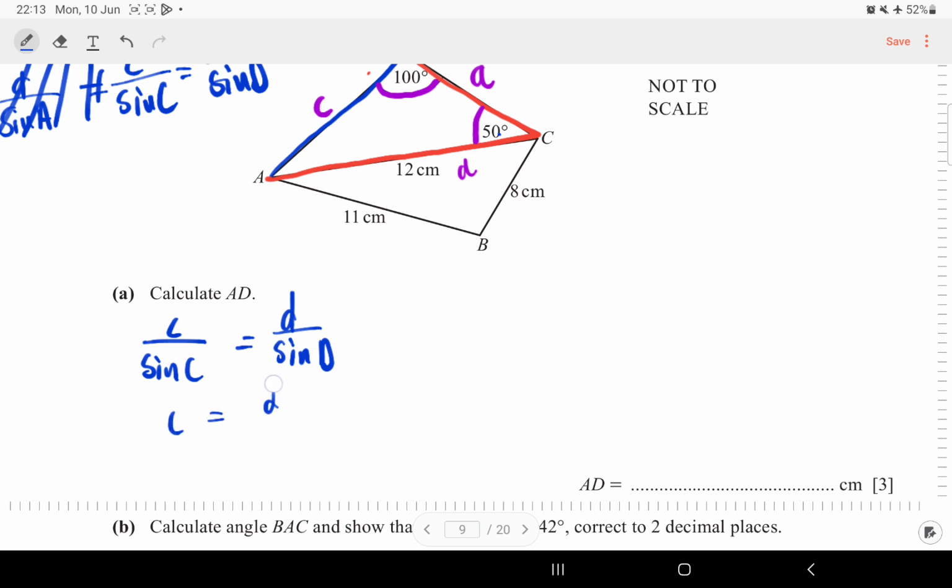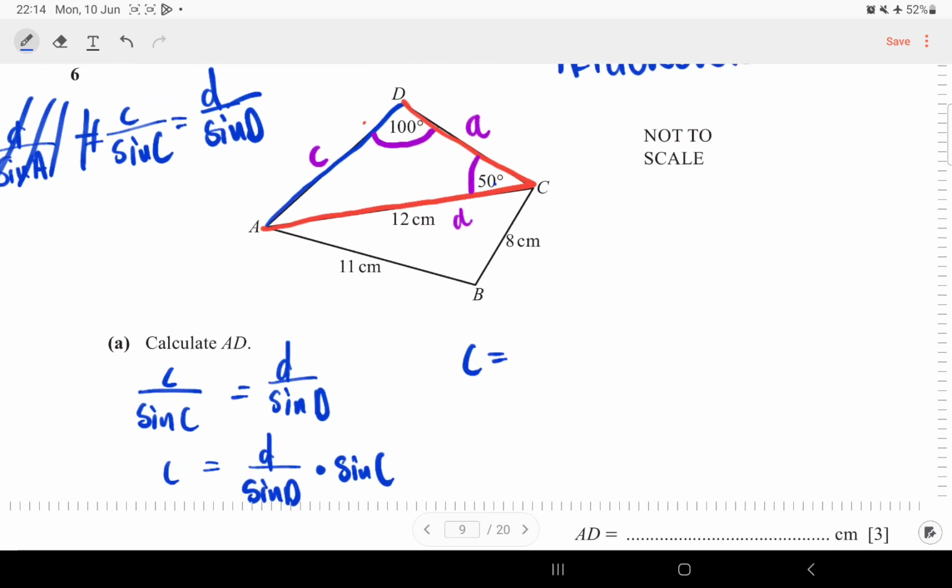I'll say c is equal to d over sine D times sine C. So small c is equal to, what is my small d? Small d is 12 over sine D, which is sine 100, and then multiplied by sine C, which is sine 50.